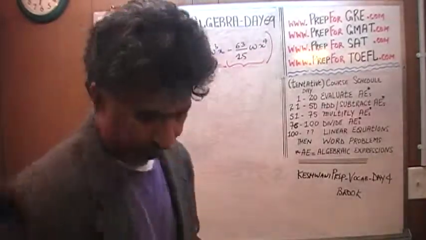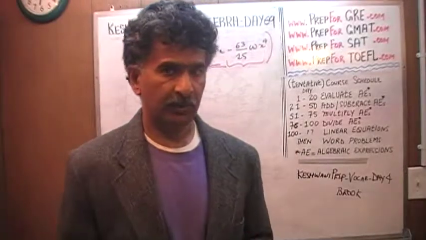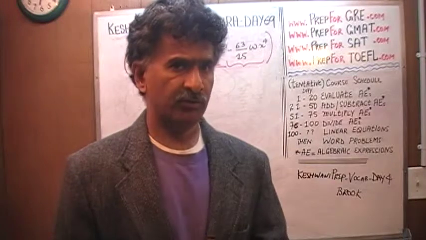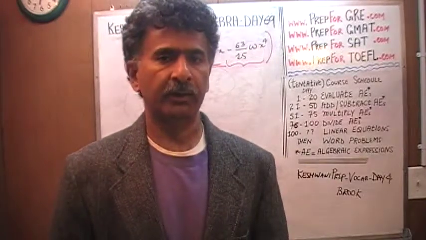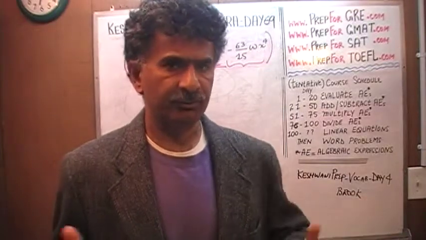Let's get going then. First thing first, when somebody asks you to multiply something and it involves fractions, if you have an opportunity to reduce the fraction before you do any work, go ahead and do so. Reduce the fraction right away. That way you'll have to do less work instead of dealing with some huge numbers.